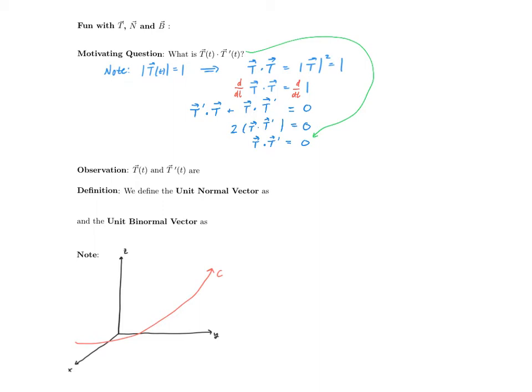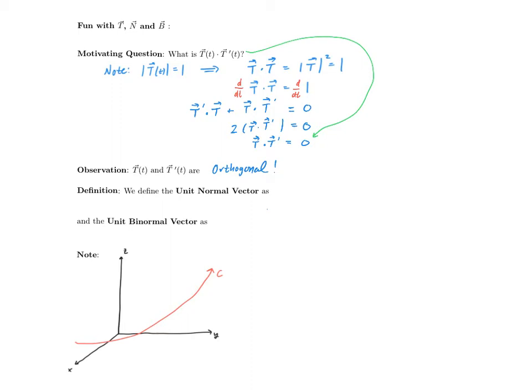This indicates that T and T prime, since their dot product is 0, are orthogonal to each other. This is the key observation that we need. We will take this and define what we call the unit normal vector.